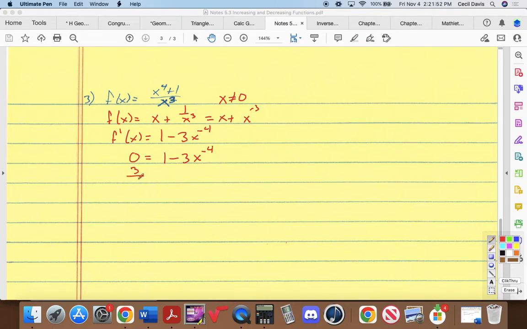So I'm going to move the 3 over x to the 4th to the other side. So that would mean 3 is equal to x to the 4th. So x is going to be plus or minus the 4th root of 3.